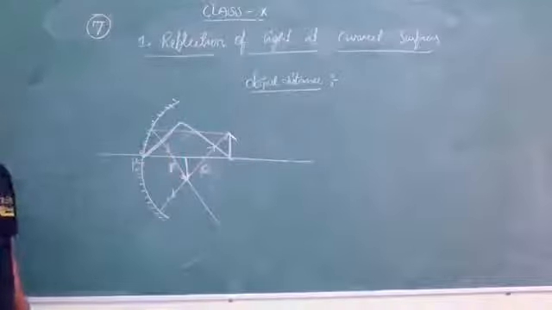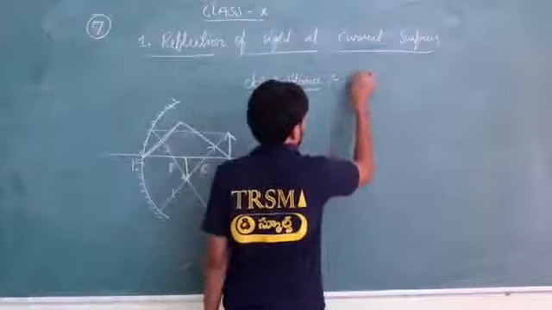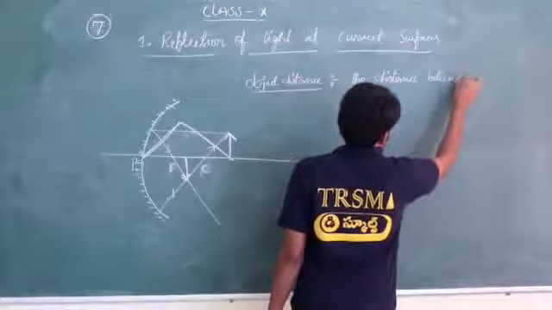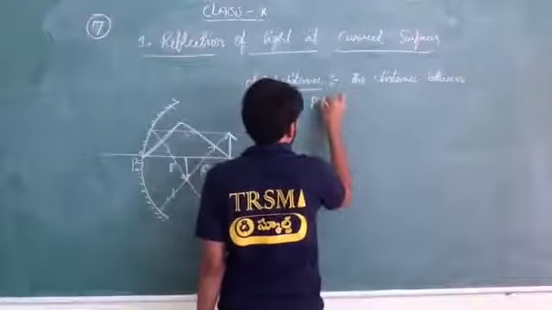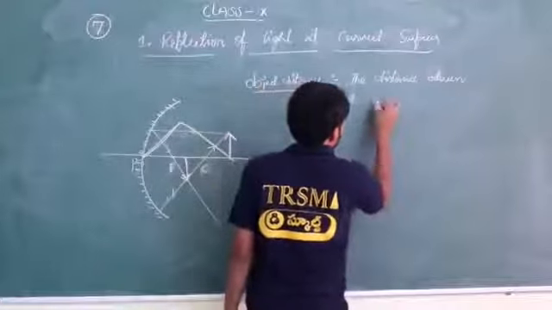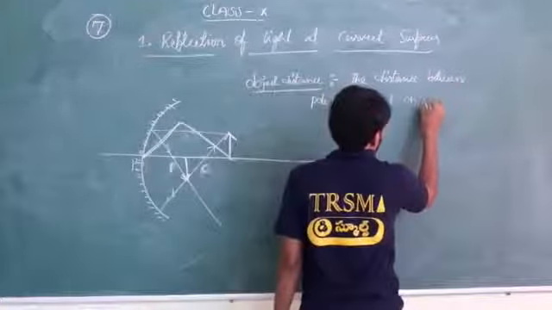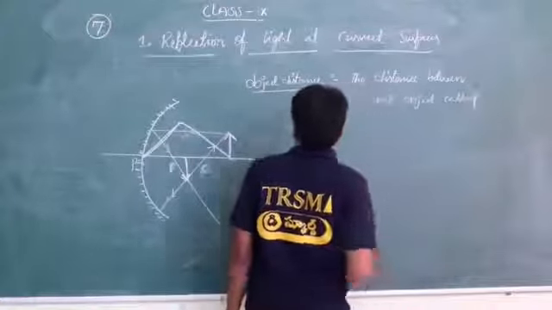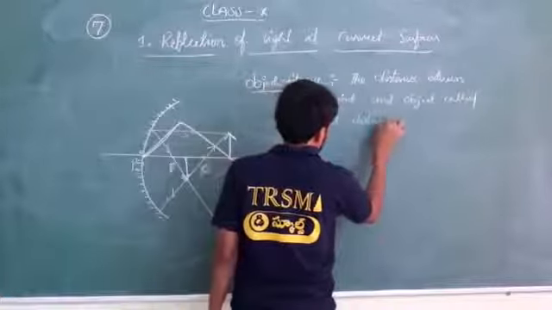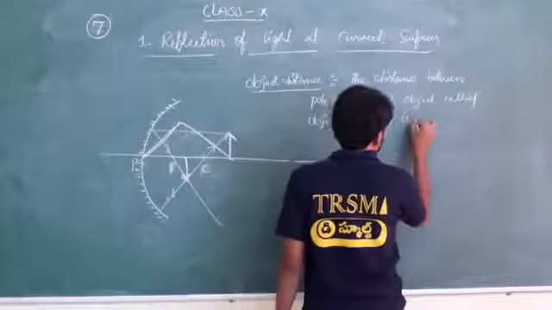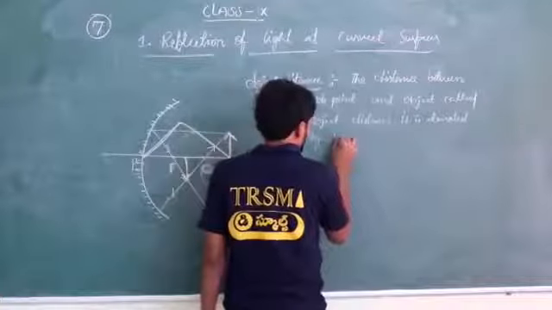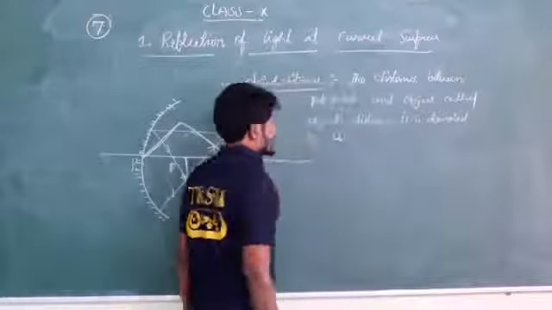The distance between pole point and object is called object distance, and it is denoted by small u. Object distance is small u.